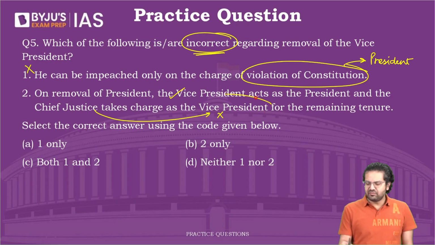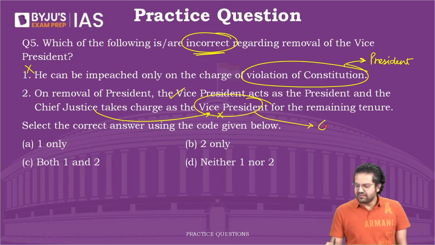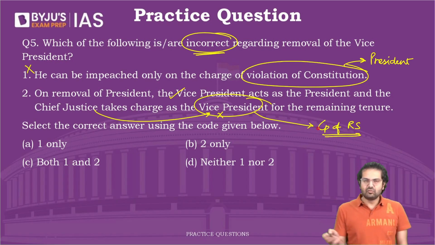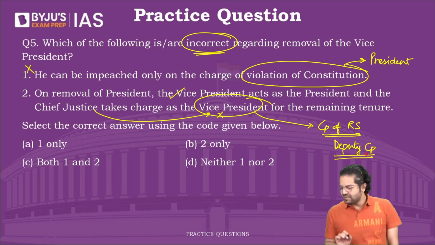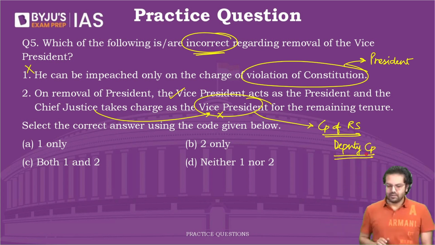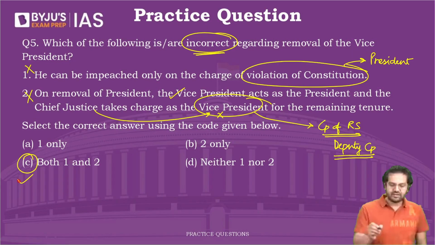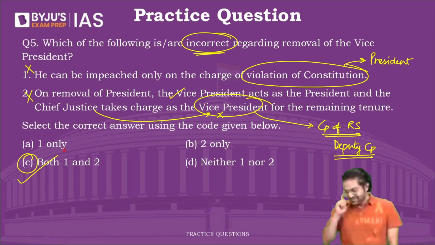The VP's role is what? As a chairperson of the Rajya Sabha. And if the VP is not there, we already have a deputy chairperson in the Rajya Sabha. Okay? So 2 is also wrong. Both are incorrect. Okay?